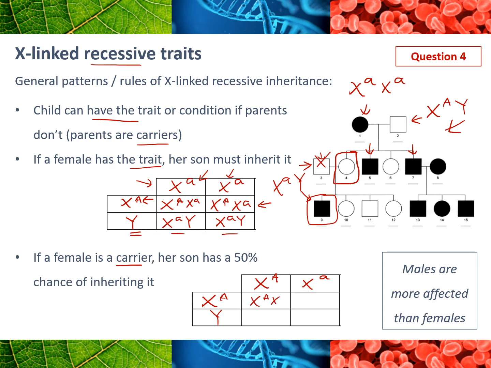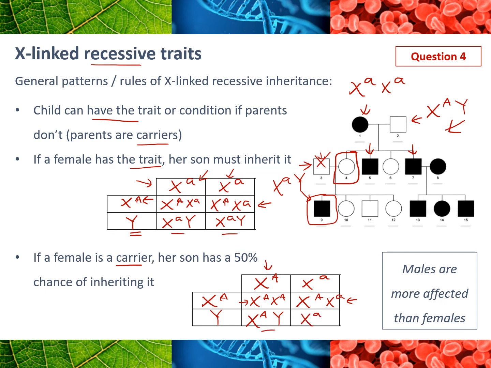So if we look at all of the child options, this would be a female that doesn't have the condition. This would also be a female that doesn't have the condition. She'd be a carrier, but she doesn't have the condition. There's a 50% chance that mum will pass on the dominant allele and this son won't have the condition.